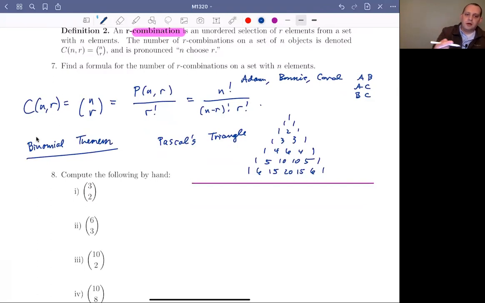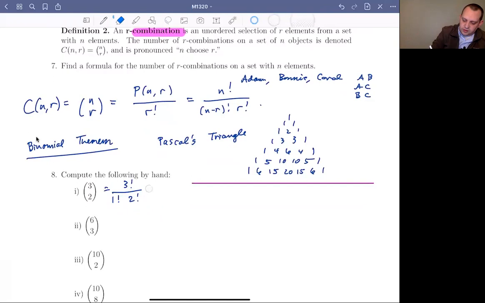Well, 3 choose 2 is going to be 3 factorial over 2 factorial times 1 factorial. And just to be consistent with myself, I put the 1 factorial first. Of course, the order that you multiply integers isn't going to matter. We're going to get the same thing.